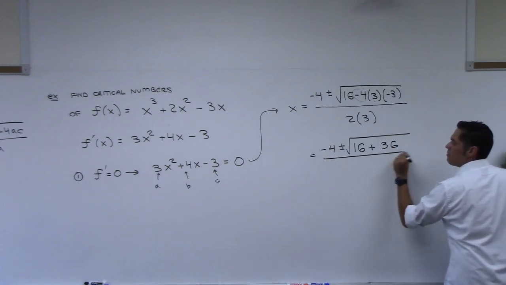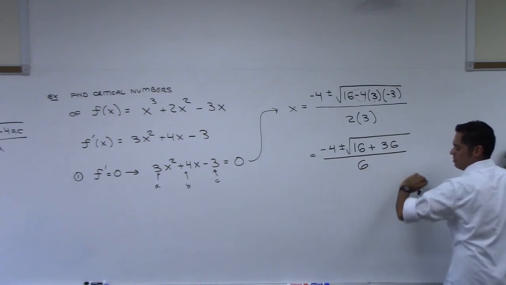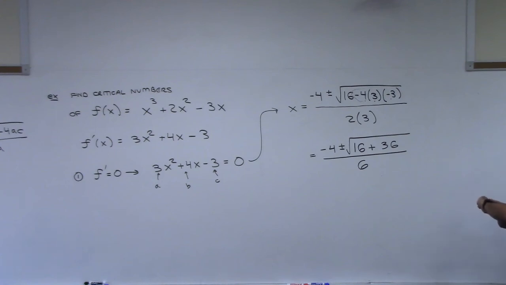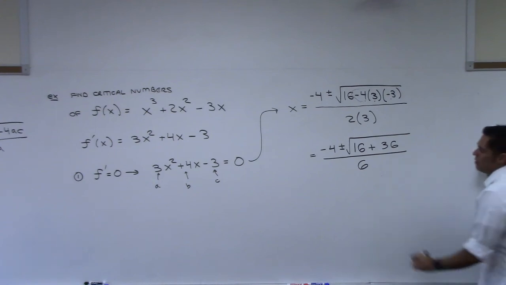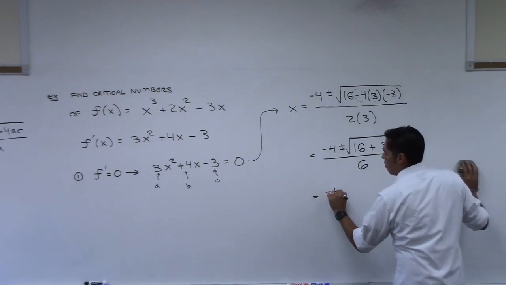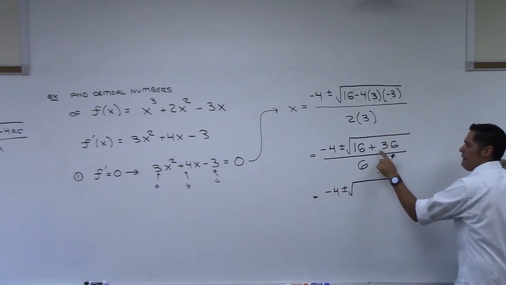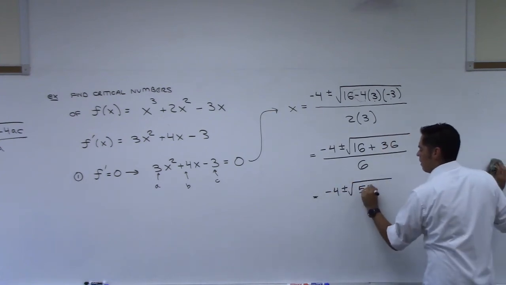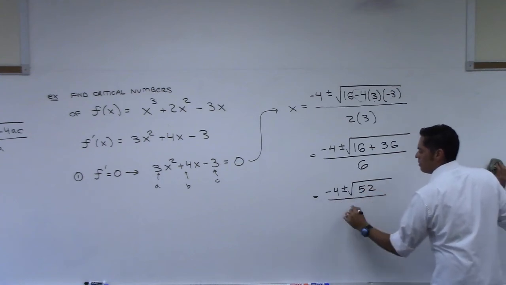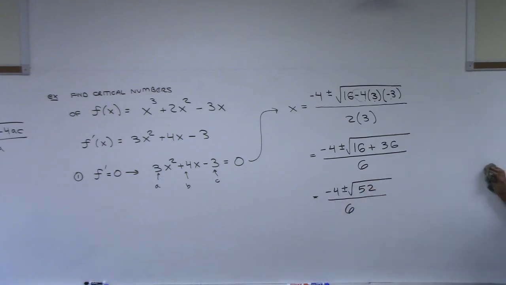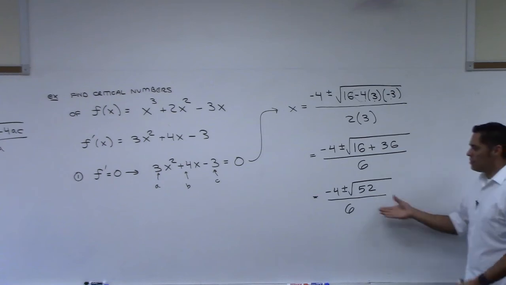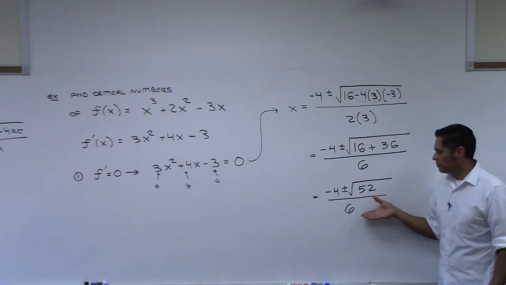Then all of this over 6. Now, negative 4 plus or minus the square root of, what's this? 52, all over 6. How many answers does this represent?